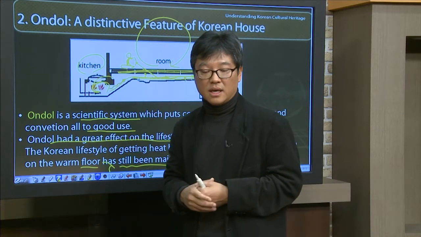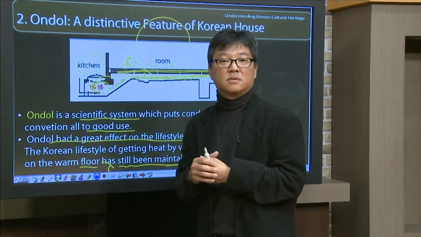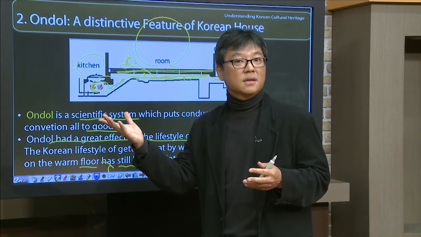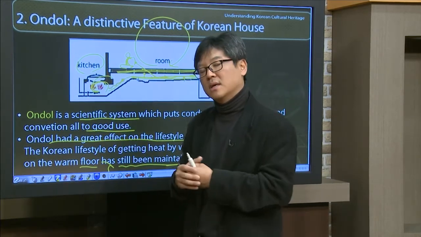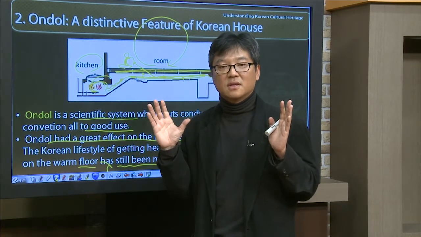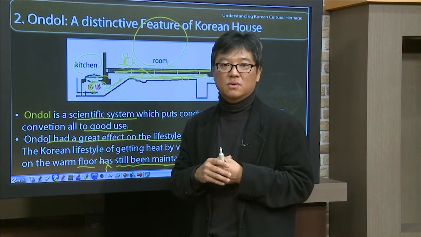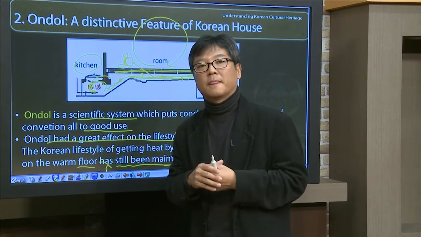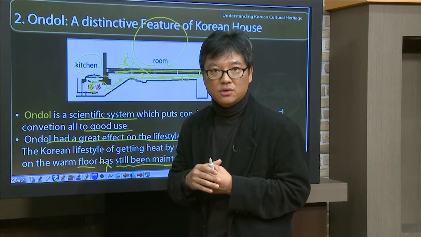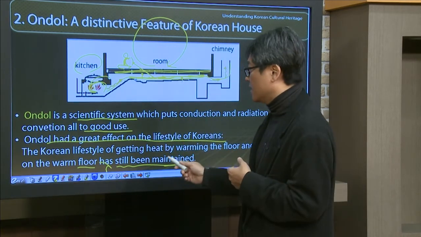And some scholars say this unique heating system is beginning to be exported to other countries because its efficiencies and very genuine invention were highly valued. So these are very interesting developments you can see even today.